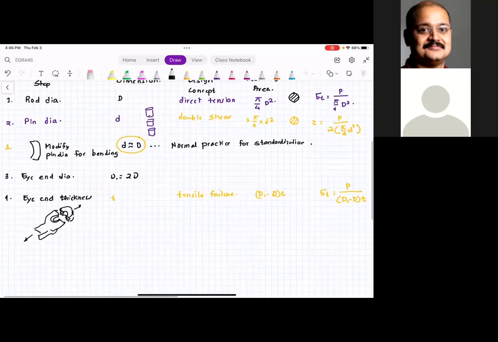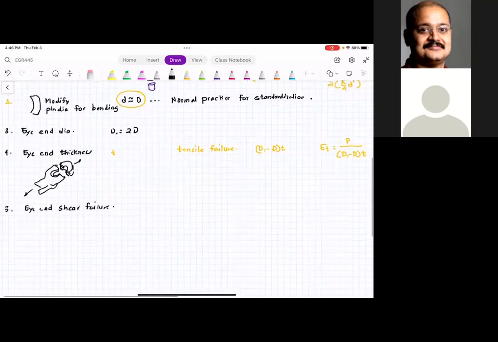Step 5: there is another way this eye end can fail. The eye end can fail in shear failure. So how would this shear failure happen? Let me show you.